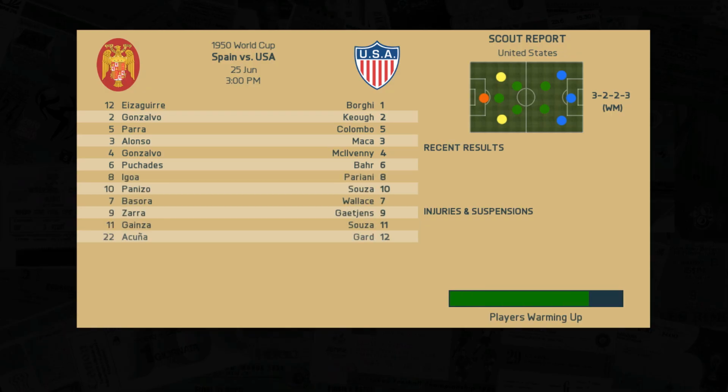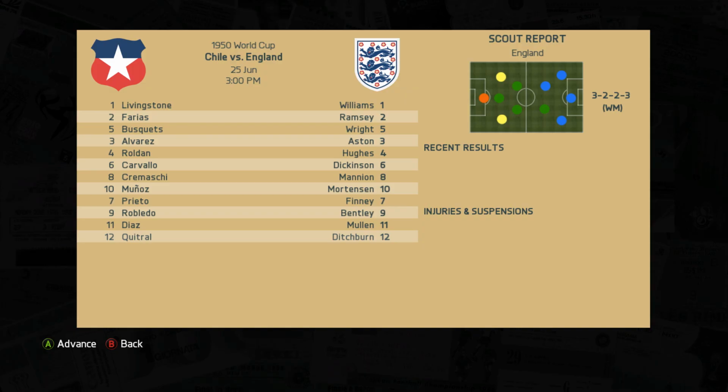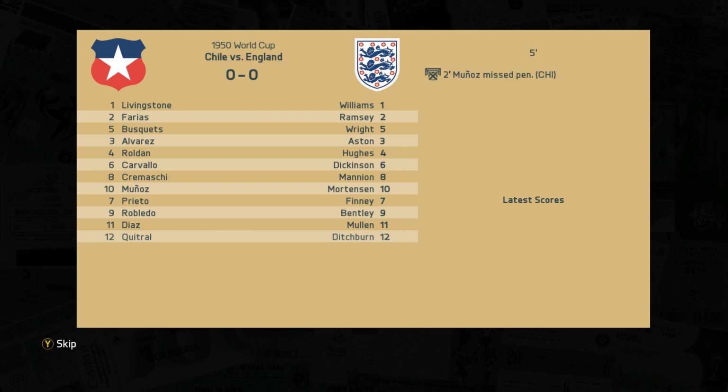Spain against USA. 2-1 to Spain. What's the result? England's first match against Chile. So let's run this one. Chile had a missed penalty in the 2nd minute.